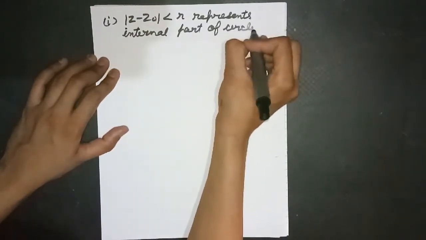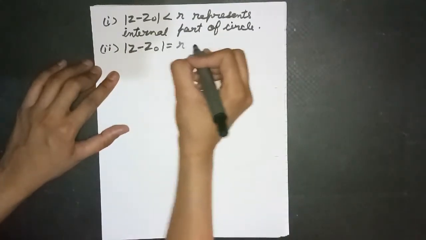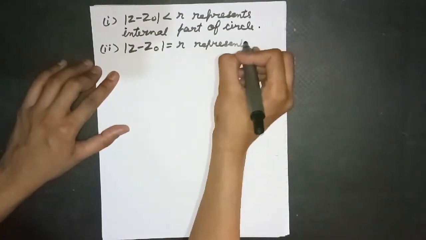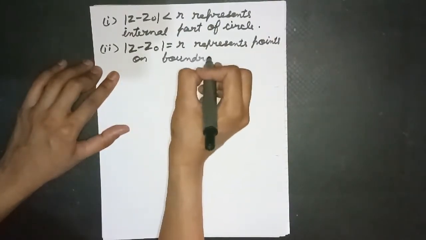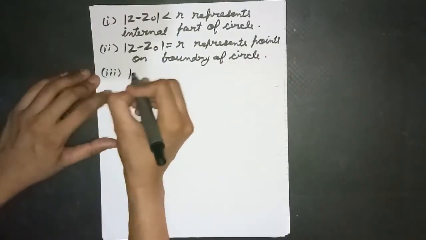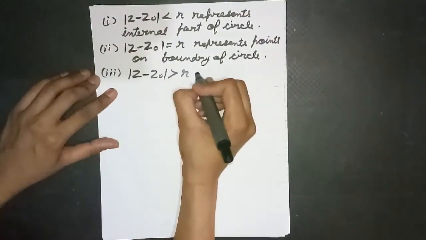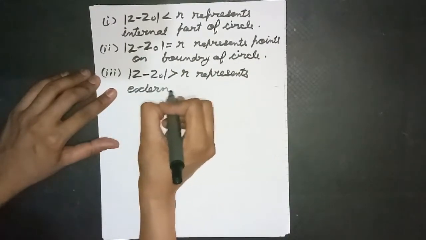Second, modulus of z minus z naught equal to r represents points on the boundary of the circle. Third, modulus of z minus z naught greater than r represents the external part of the circle.